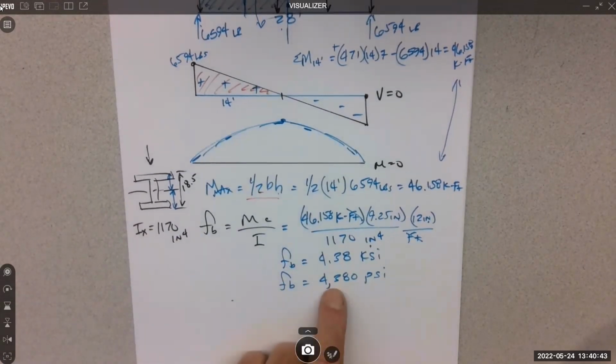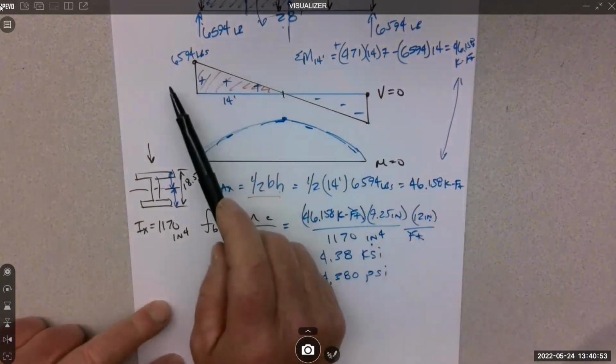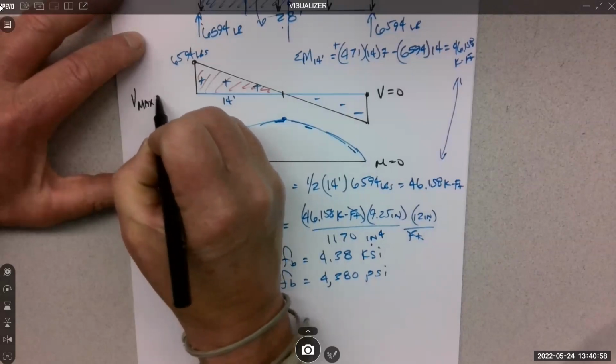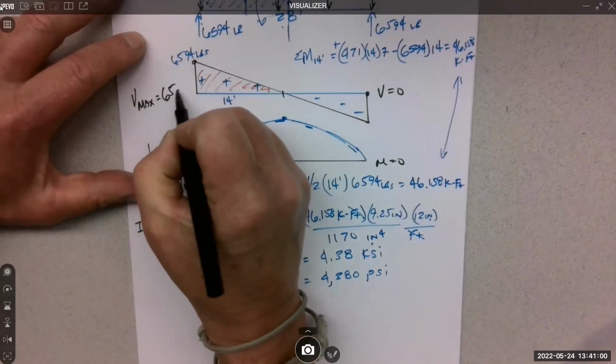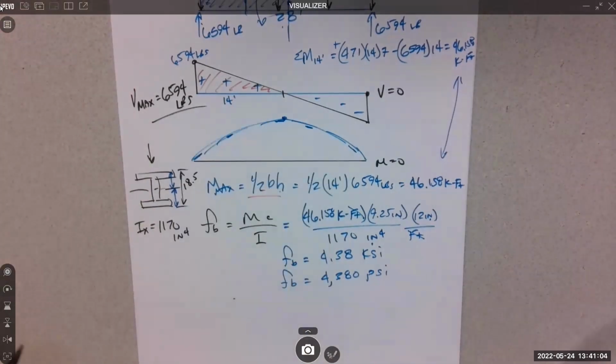All right, so that's the bending stress. So the other one we have to work with is the shear stress, and that's going to be from the shear diagram. It's pretty easy that we have V max at 6,594 pounds. We did the bending stress, it's good.